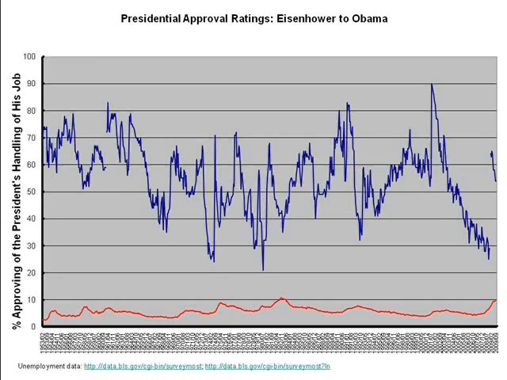I'd like you, for the time being, to ignore the red trend line and focus strictly on the blue one. These are the monthly approval ratings as measured by the Gallup poll. Every month, going back to the 1950s, the Gallup poll asks a random sample of Americans, do you approve or disapprove of the way that the president's handling his job?